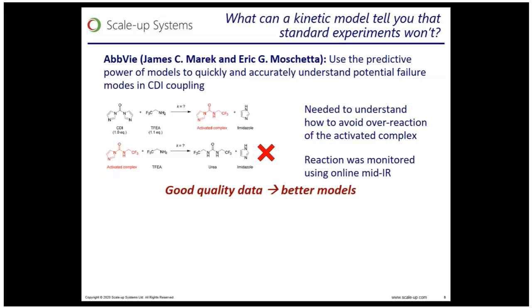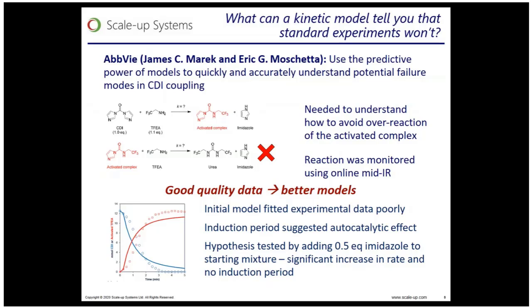But this does point to one of the important features of kinetic modeling, that it's always important to collect the right data and good quality data. There's no one type of data that can be said is right for all reactions, but it's always worth looking at what is the best data that you can use to quantify the consumption of starting materials or the formation of products in order to deliver your model.